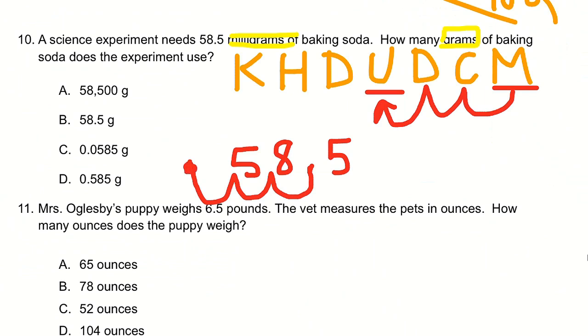Placeholder. I'm putting a placeholder 0. And Miss Kemp loves to put the leading 0. So I'm looking for 0.058. C. Woo-hoo! Good job.